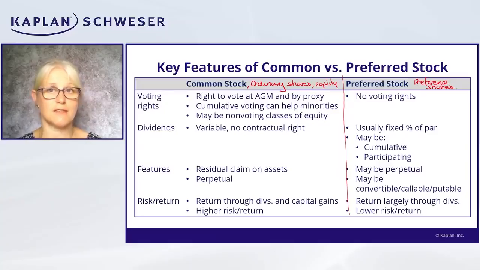If they're voting for directors, for example, rather than casting one vote for each of 5 directors, they can group their 5 votes and cast them for one director. It basically allows minorities that otherwise would feel very unrepresentative, and like their vote didn't count, to have a bit more weighting. But the basic idea is it's there for minorities.